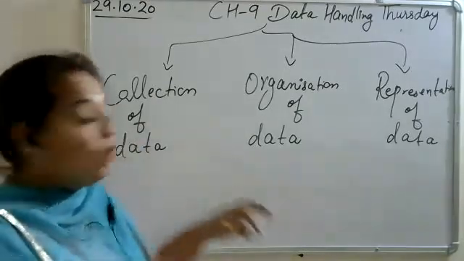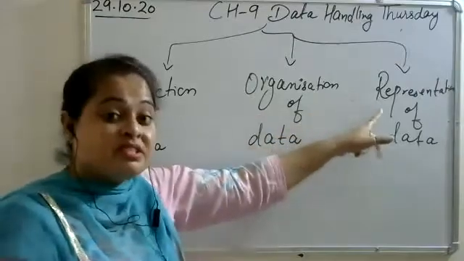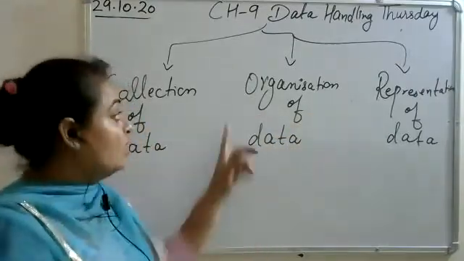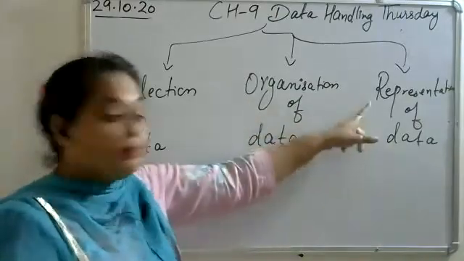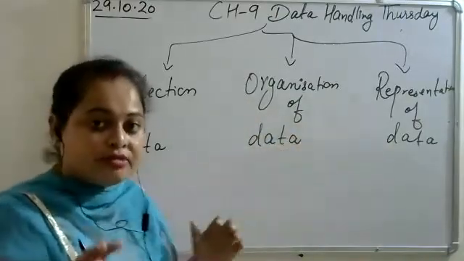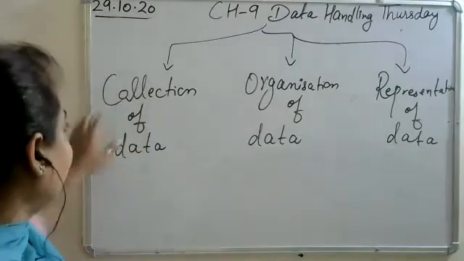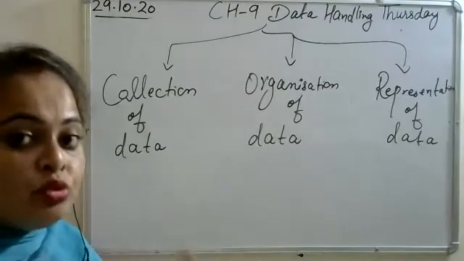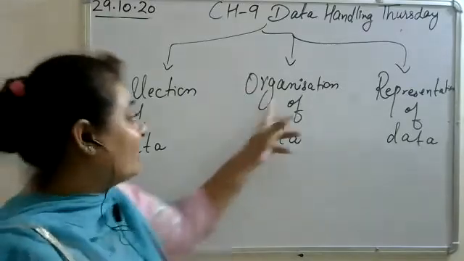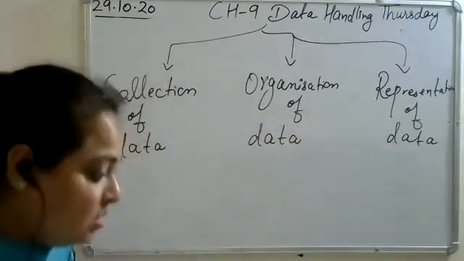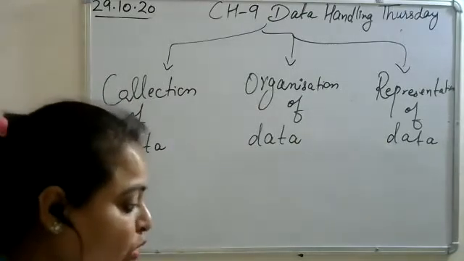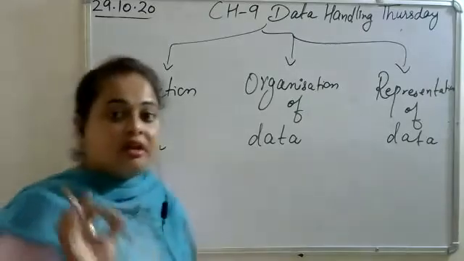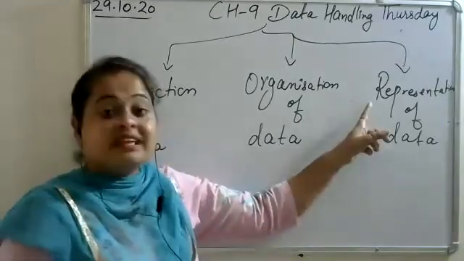Now tell me, how will you organize and represent? I am talking about two more things, organization and representation. Number of students will only represent collection of students. So with number of students, how will you explain organization and representation? I am not talking about Bhavya's method. Pictograph is the method that we will use for representation.